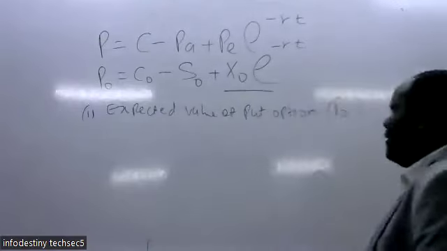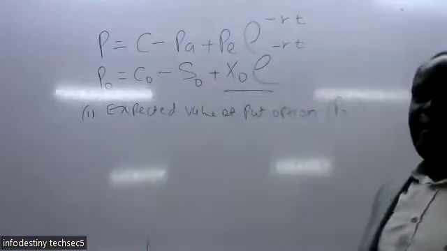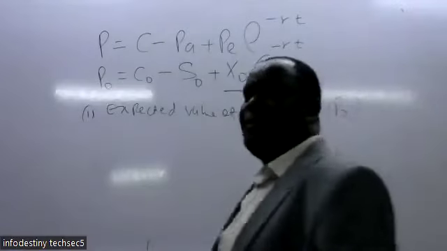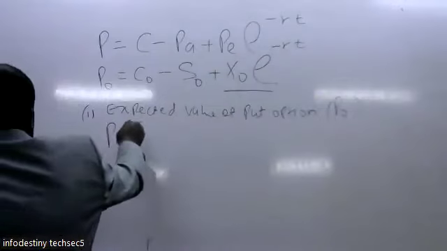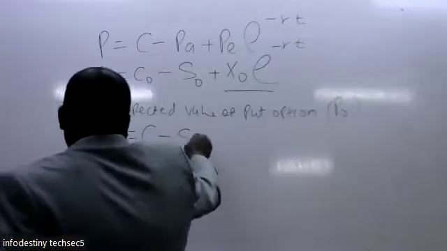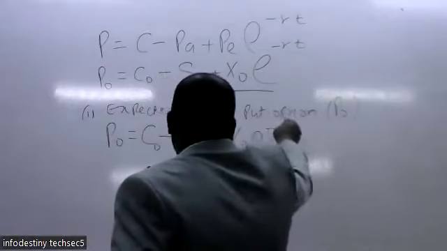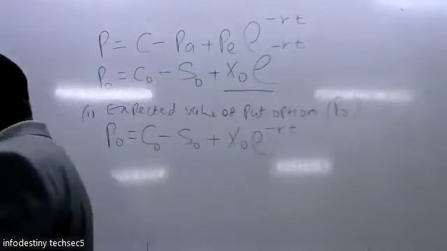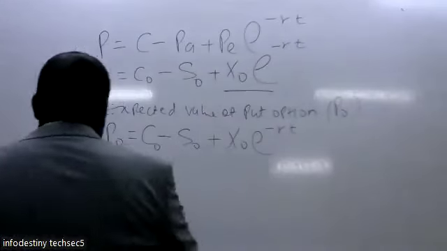That means our formula will not be affected. It is just the way it is presented. So PO is supposed to be equal to CO, we minus SO, then we add. CO is given. What is the call price? The call price is given as 4.5.